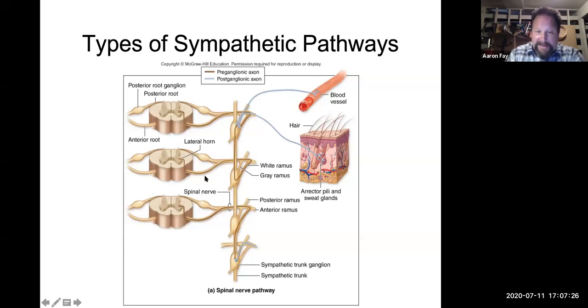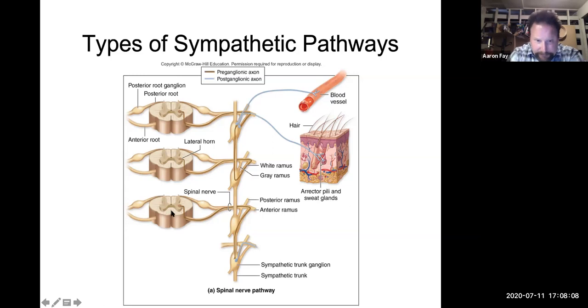Now, our next example, still following a spinal nerve pathway. Our preganglionic axon leaves by the anterior root at a particular level of the spinal nerve. That axon enters through the white ramus and then travels superiorly, one step up to the sympathetic trunk ganglion above this spinal nerve. There it will have its synapse, and the postganglionic axon is going to leave via that same spinal nerve.